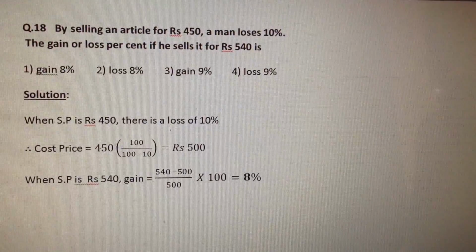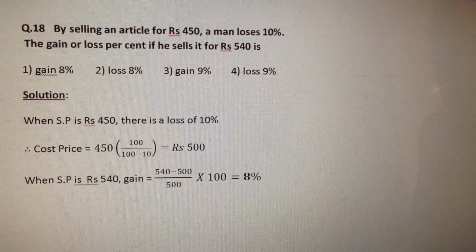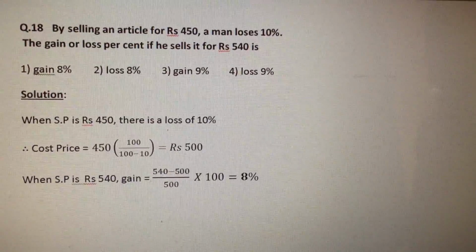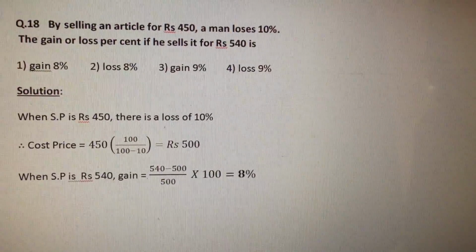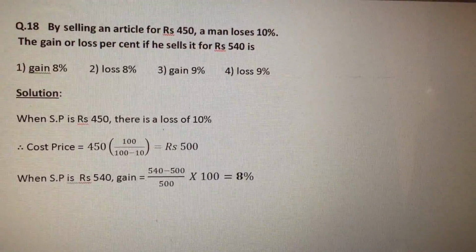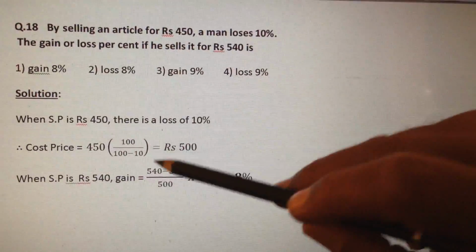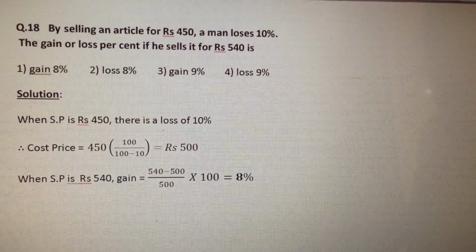When sale price and loss percentage are given, we know the formula to find out cost price. Cost price is equal to sale price into 100 by 100 minus loss percentage. Therefore, in the given problem, cost price is equal to 450 into 100 by 100 minus 10, which is equal to rupees 500.